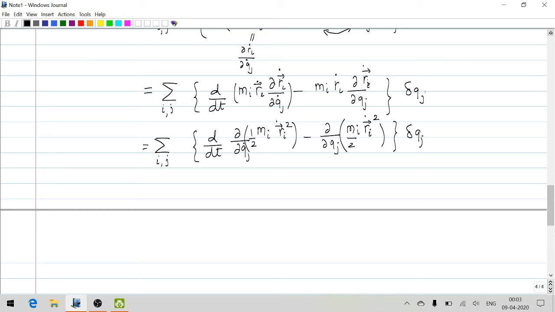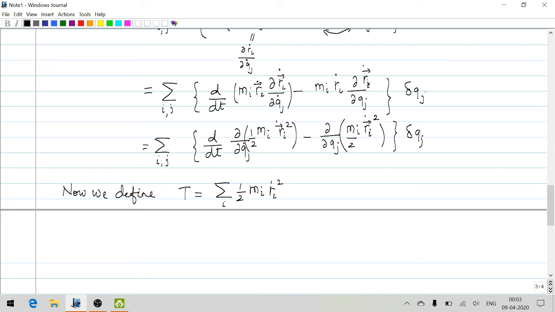Now I define a term, kinetic energy T, as the summation of all the kinetic energies, half mi Ri dot square.